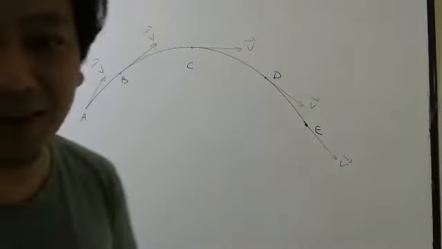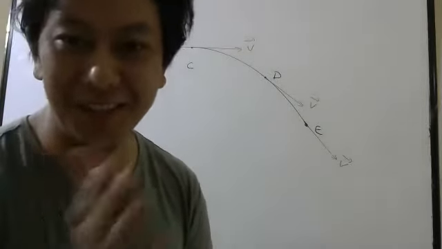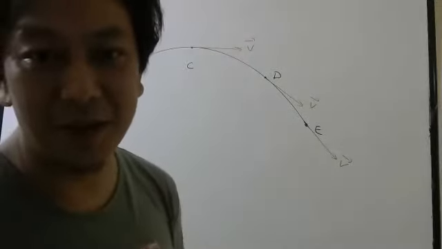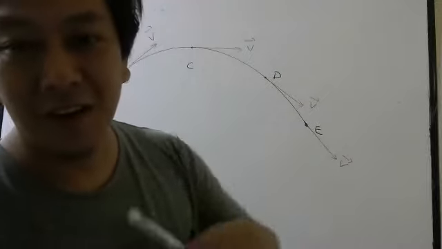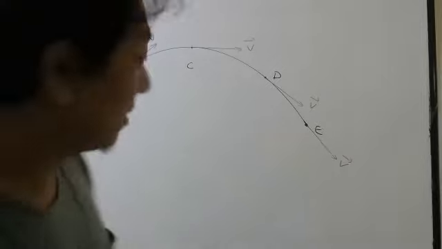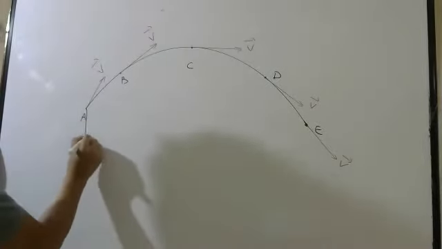Where is the acceleration vector? Acceleration is constant in all this derivation. That is the first thing I've told you. All these derivations are only acceptable if acceleration is constant. And one of the best examples of constant acceleration is acceleration due to gravity. So where is the acceleration? Downwards.